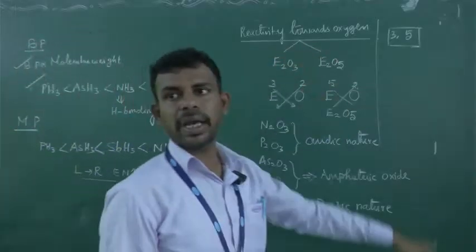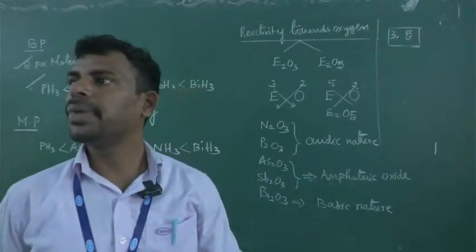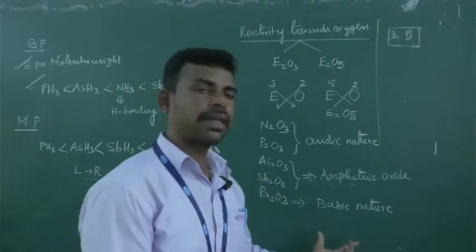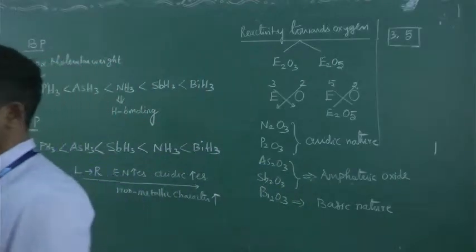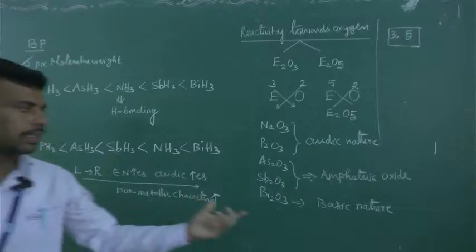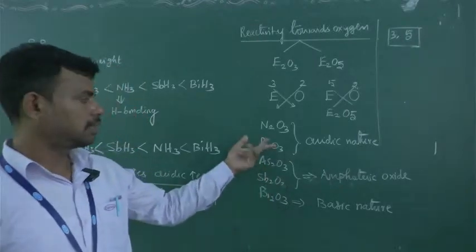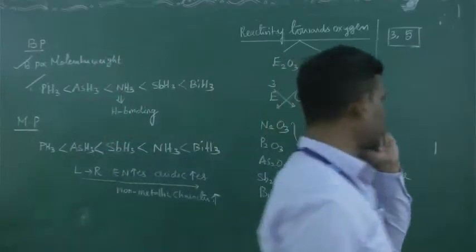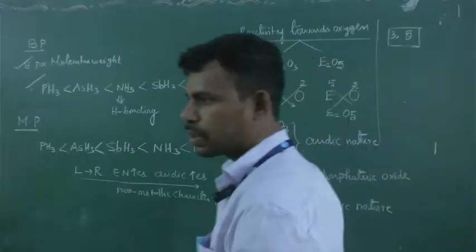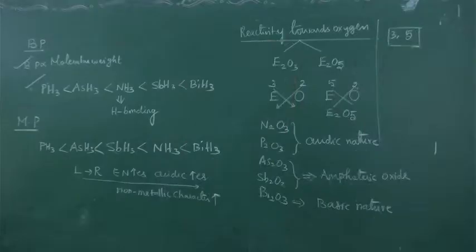Down the group, metallic character increases, and as metallic character increases, basic character increases. So if asked which is a basic oxide, this is the basic oxide, whereas the rest are amphoteric, and this one is acidic in nature. Is it clear? This is the point you have to keep in mind.